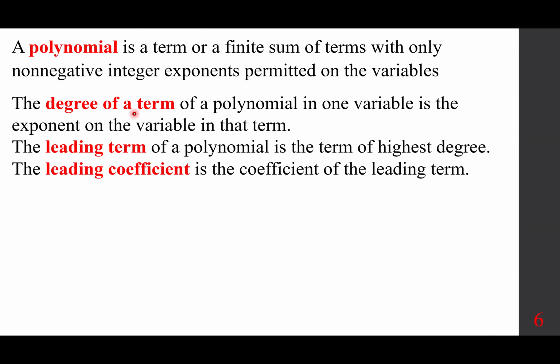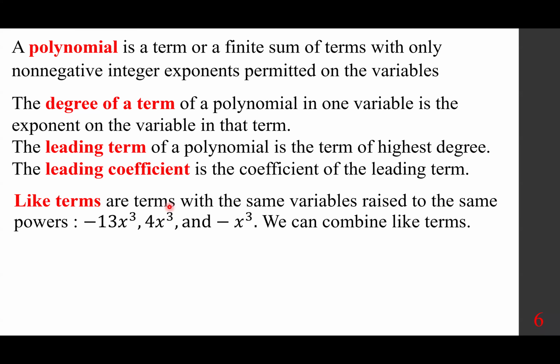The degree of a term of a polynomial in one variable is the exponent on the variable in that term. The leading term of a polynomial is the term of highest degree. The leading coefficient is the coefficient of the leading term.